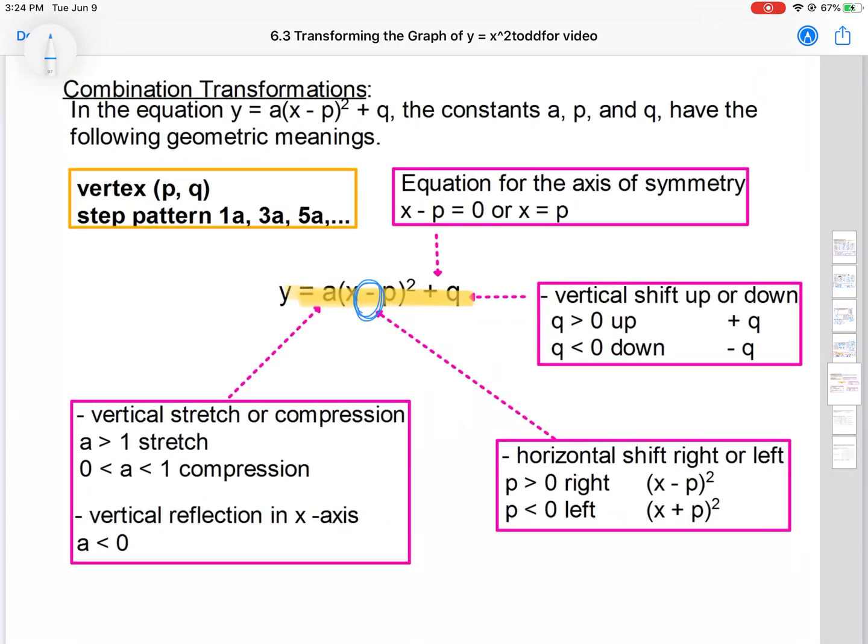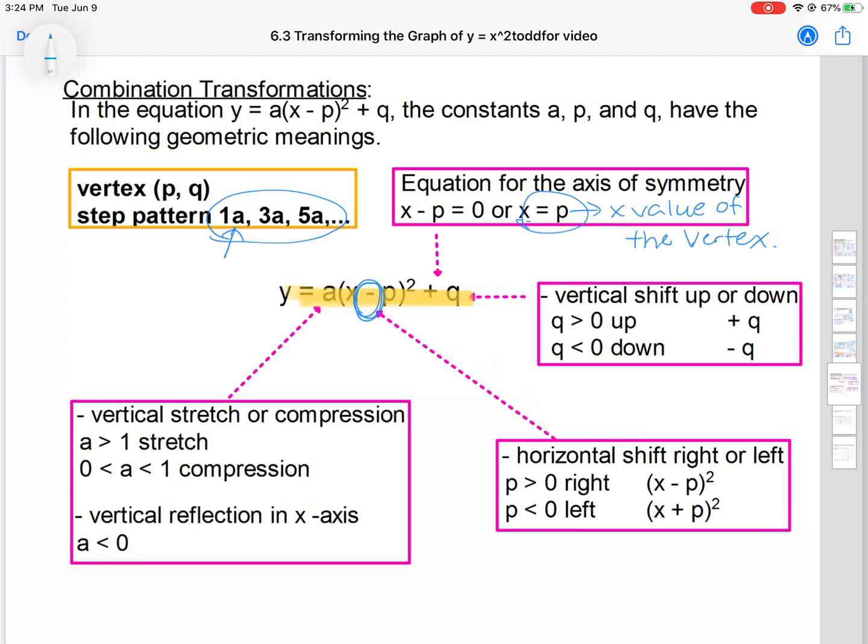Oh, this is just the summary page. Now is going through everything. Okay, so the equation for the axis of symmetry, x equals p. That p is the x value of the vertex. The basic step pattern, and then you multiply by the a value.